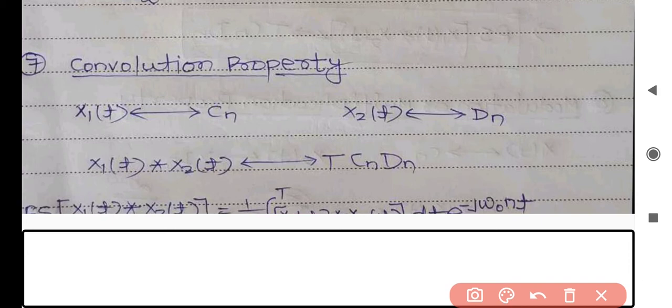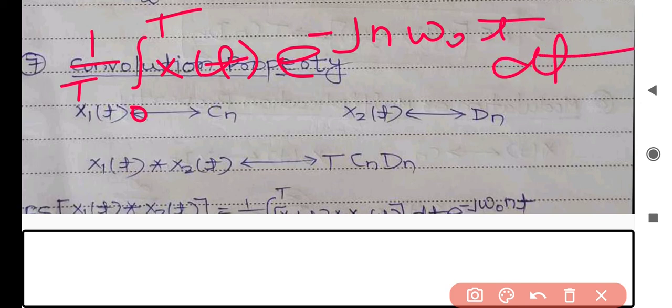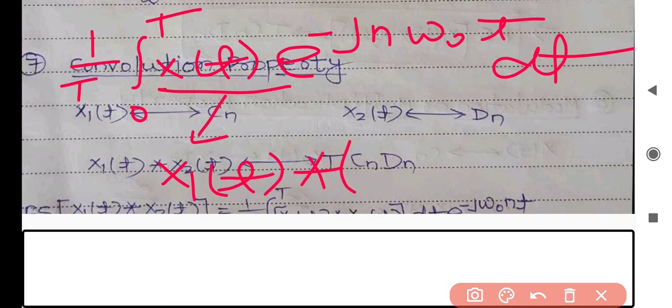Now we will see the proof of this property. We know that the Fourier coefficients of a signal can be written as 1 upon T integration 0 to T x(t) e^(minus jnω0t) dt. Here in place of x(t), the given signal is x1(t) convolution x2(t).